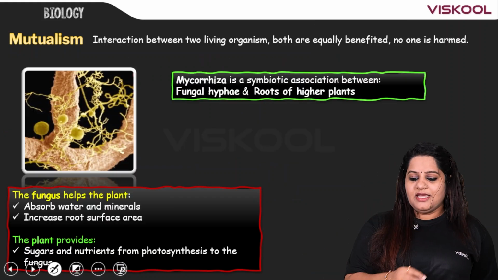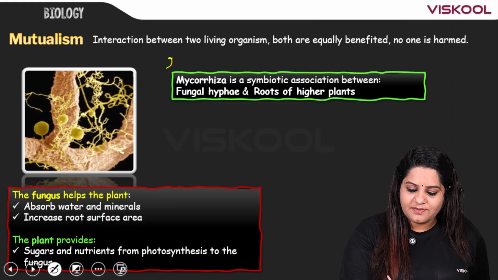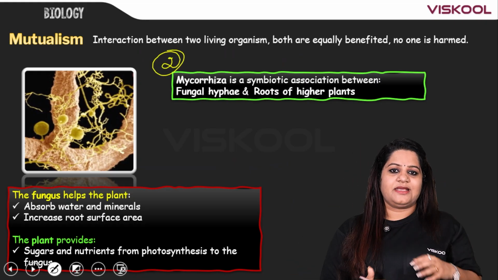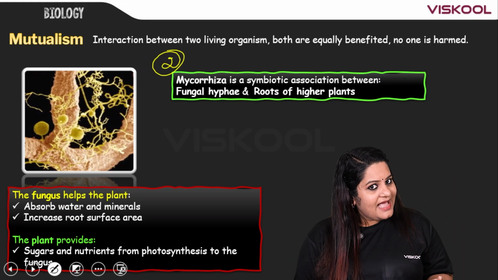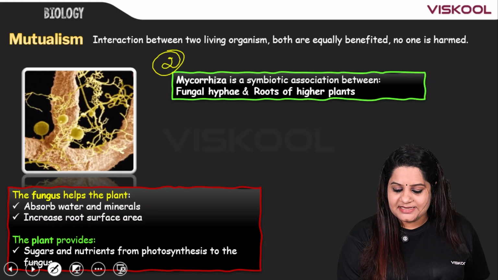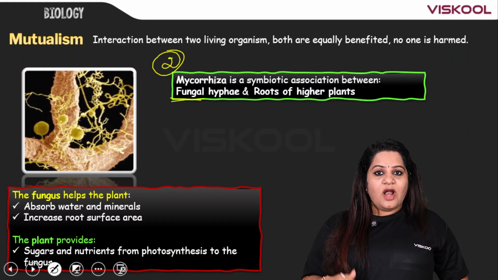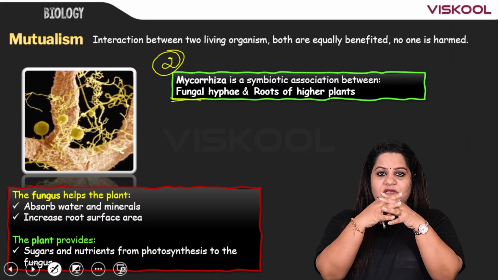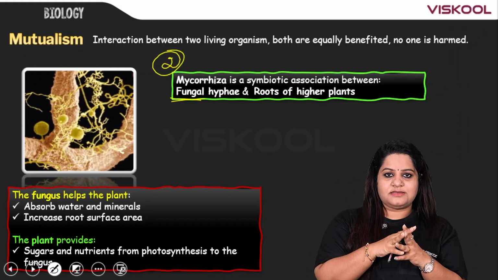Okay, come on. Second example is mycorrhiza. I said umbrella-like structure. Who is having it? Yes, it is fungus. So what happens? The fungal hyphae will be associated with the roots of higher plants.